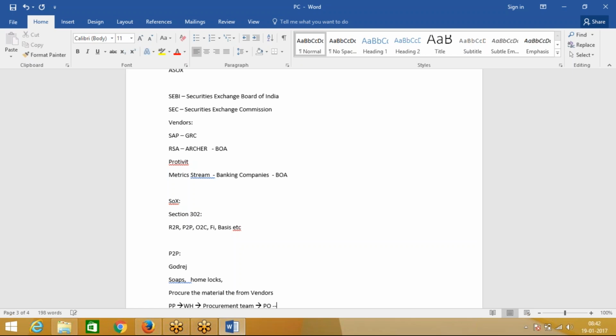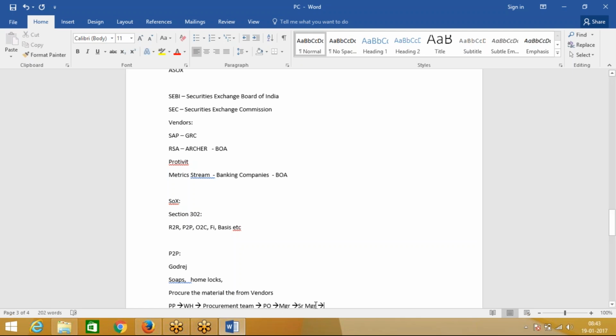This PO created by the procurement team has to undergo the first level of manager approval. If the amount is lesser, the first level manager approves. If the amount is high, maybe more than 1 lakh, it has to go to the next level manager as well. This is the process they are following internally.